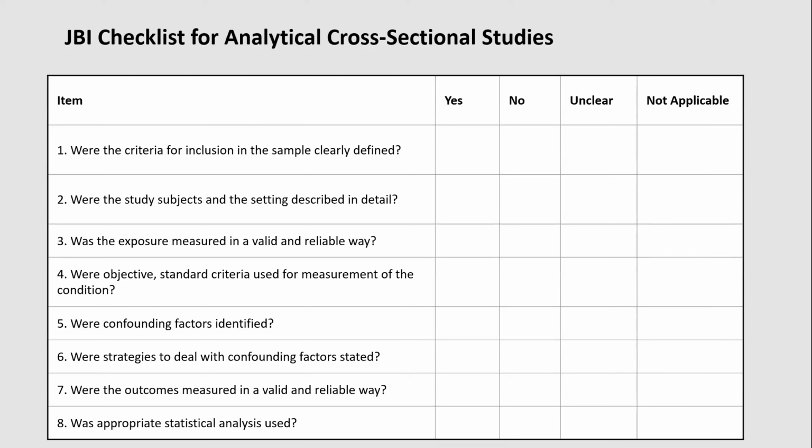Whether they found confounding factors and how they dealt with them has to be reported. Were the outcomes measured in a valid and reliable way? Then, was appropriate statistical analysis used? Here also scoring is yes, no, unclear: yes is 1, and no is 0, unclear is 0 and not applicable is also 0. Here also you have to decide what cutoff you are going to give for high, moderate and low quality.